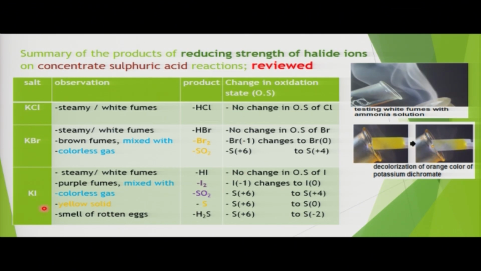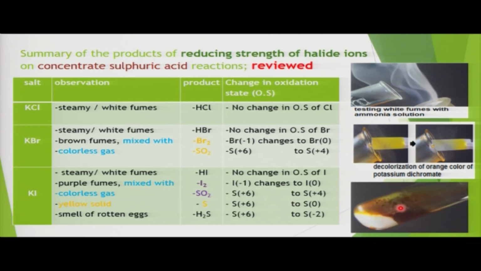Whereas iodide in potassium iodide is a strong reducing agent, so it reduces the sulfur in sulfuric acid from positive 6 up to negative 2, depending on the product, whereby we saw the yellow solid, as you see here, that is sulfur.